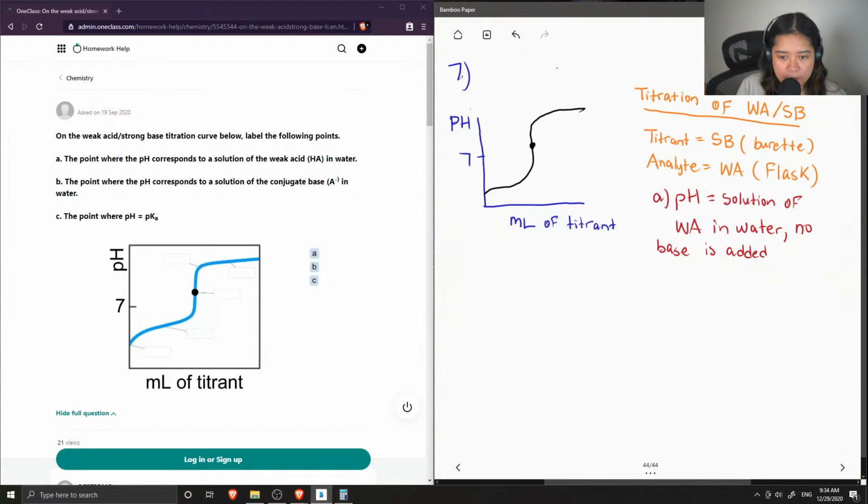So this is the beginning of the titration, and pH is at its lowest, since acids have a low pH. So this tells us that point A is found right here.